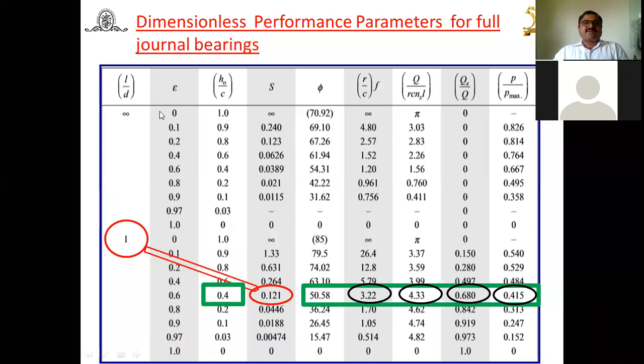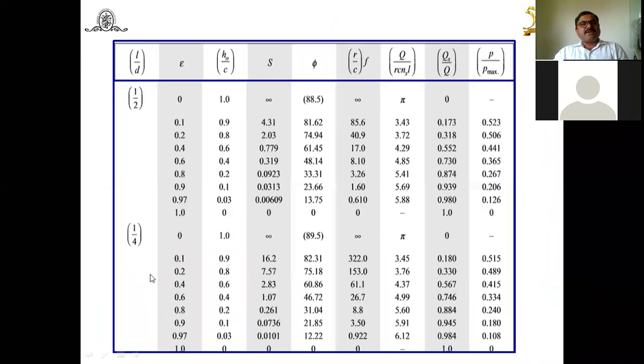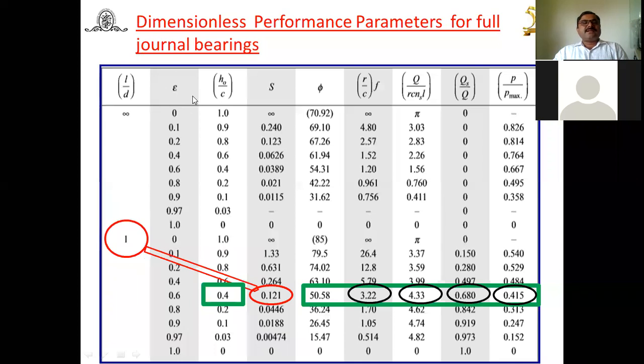I already told you last time also. In the first column you will find L by D, that is infinity, 1, 1 by 2, 1 by 4. Then epsilon means the eccentricity ratio, which relates the eccentricity e and the clearance C. H0 by C is the fluid film thickness parameter, S is the Summerfield number, phi is the attitude angle, R by C into f is the coefficient of friction variable, CFV, Q by R C N L is the flow variable, and Q_s by Q gives the side leakage.